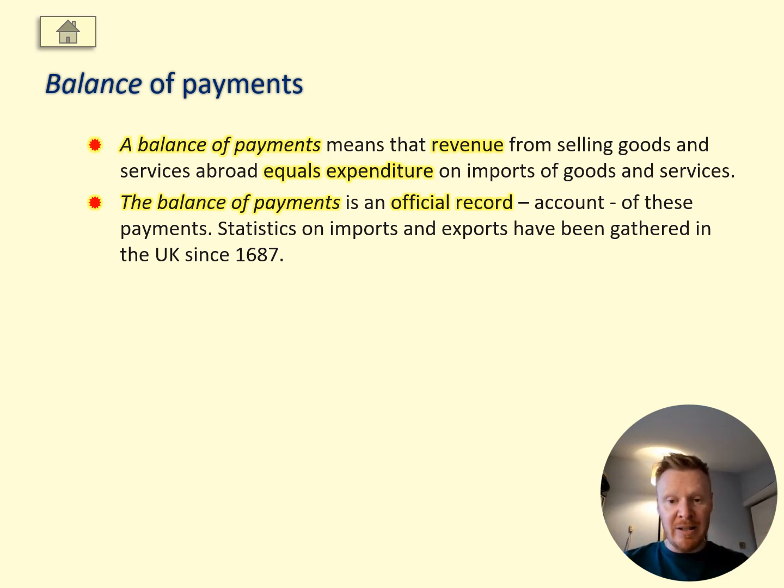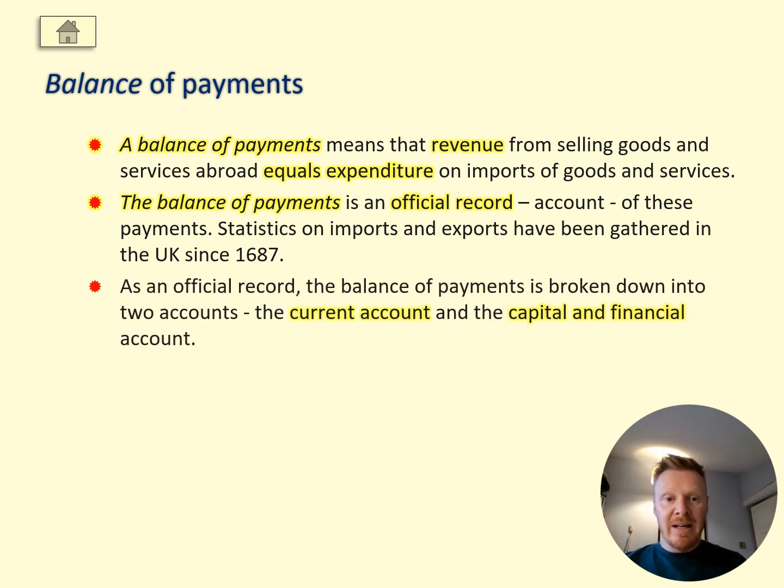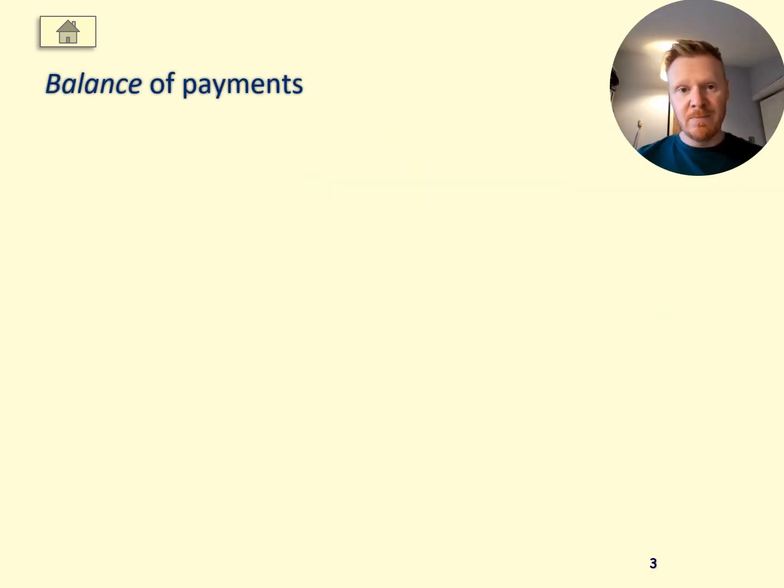And it's just looking at the money flowing in and out of an economy over time. And in the UK, we've been gathering those statistics since 1687. As an official record, the balance of payments is broken down into two accounts: the current account and the capital and financial account, often just referred to as the capital account.